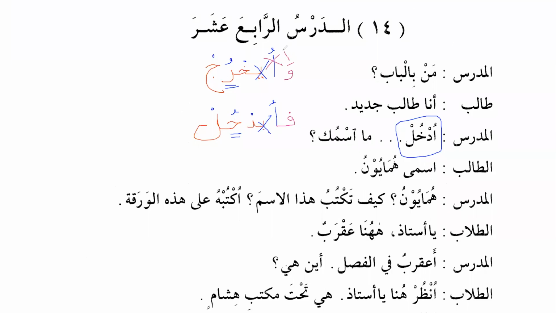So we would go straight from this wow to this kha, and straight from this fa to the dal, and this dhamma will not be written anymore. You might see a little shape like this, or you might not see anything on it. So here you would say wakhruj, and here you would say fadkhul.